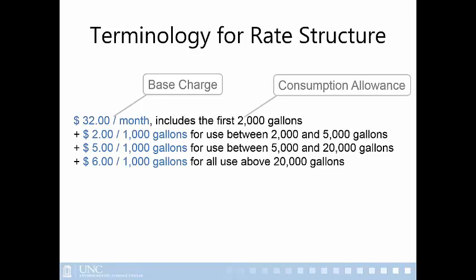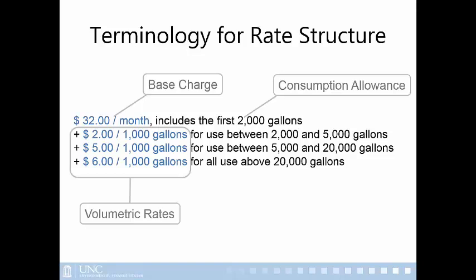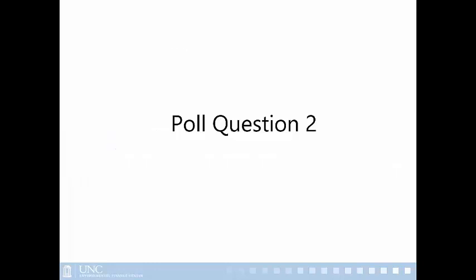I'll call the amount that's included in that base charge a consumption allowance. The volumetric rates are everything that you're charging per 1,000 gallons or per 100 cubic feet above the consumption allowance. So those are the rates themselves, the volumetric rates. And if you have block rates, it's where you end and start new blocks, and the rates then change.